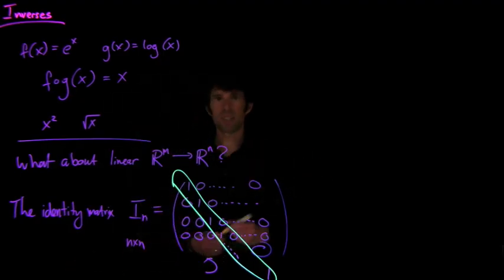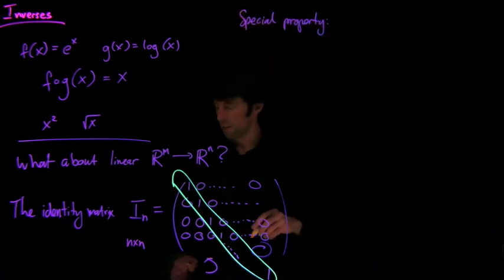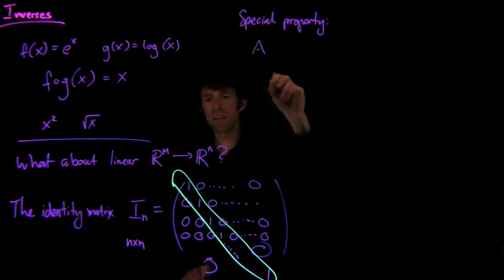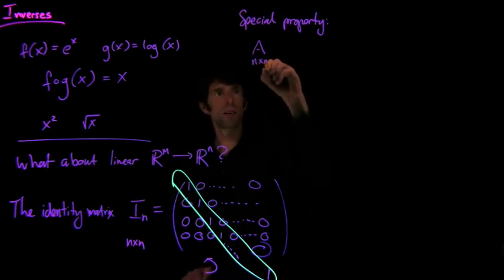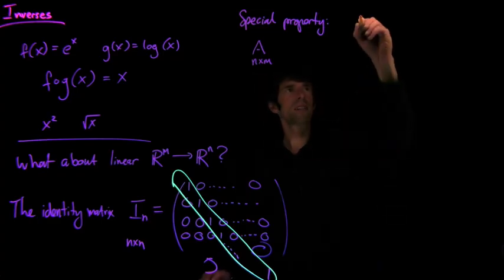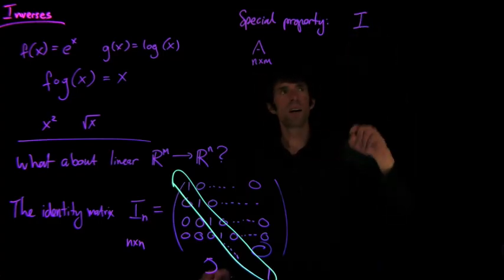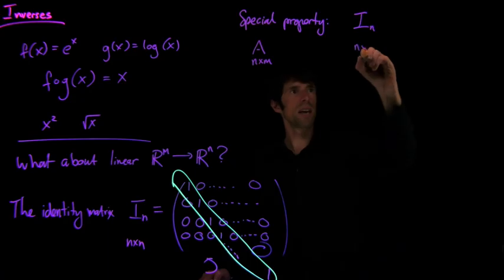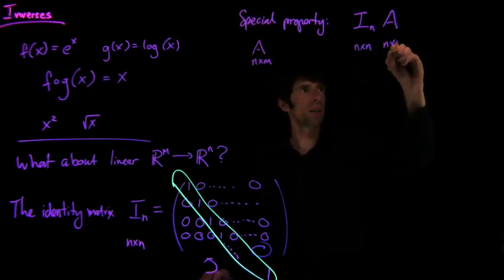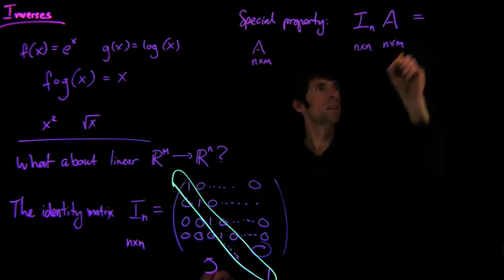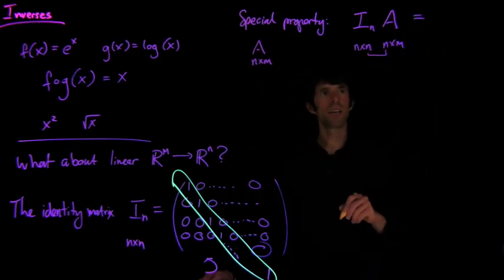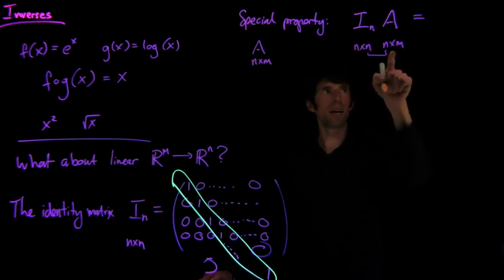Now this identity matrix has a special property. If I have any matrix A, and let's say this is an n by m matrix, the special property says the identity matrix of size n, so this is an n by n matrix, times my matrix A, which is n by m. Well, remember these internal dimensions match, and so the output is an n by m.